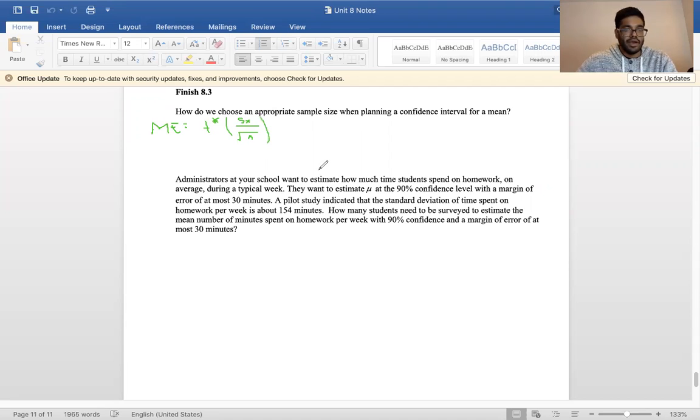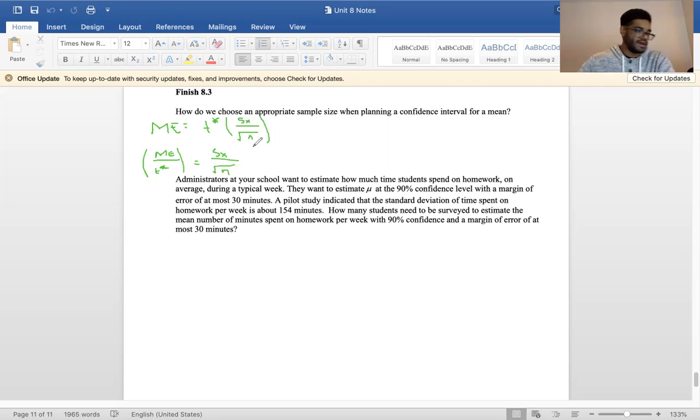And if I try to solve for n here, if I divide by t critical on both sides, you get sx over root n.